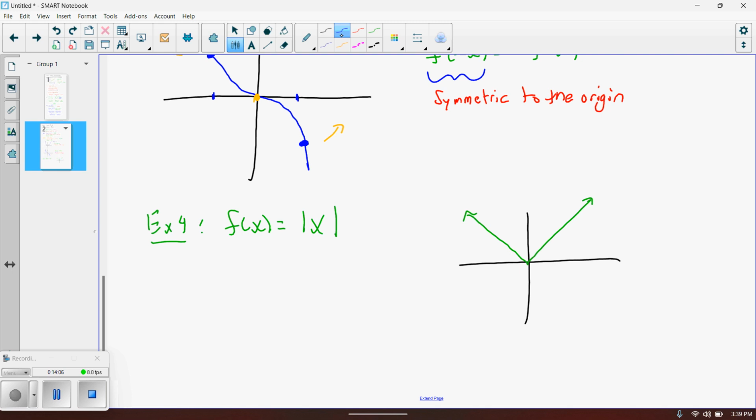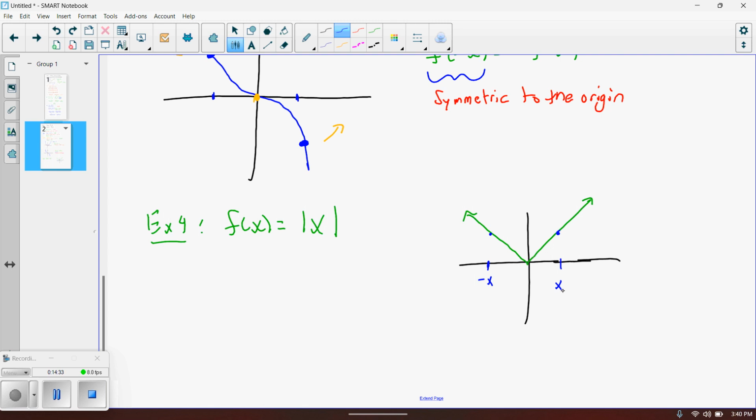Basically, again, it is saying no matter what x value I pick, the negative of that x value, whatever it is over here, will produce exactly the same y value. Oh boy, that was horrible. Let me shift that a little bit. All right, that looks better. So that'll produce exactly the same y value.